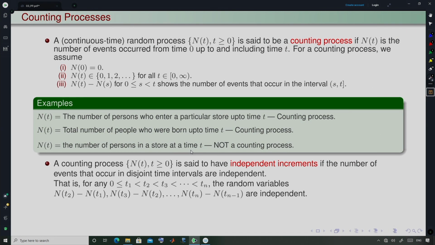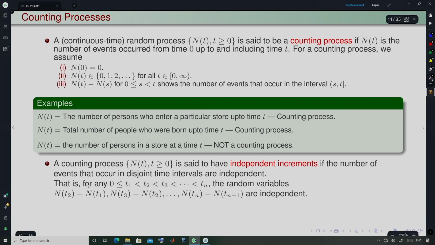Now, a counting process is said to have independent increments, right. Look at here, N t minus N s is what we call the increment of the process in the interval s to t, right. Independent increments means that in non-overlapping intervals the increments are independent.